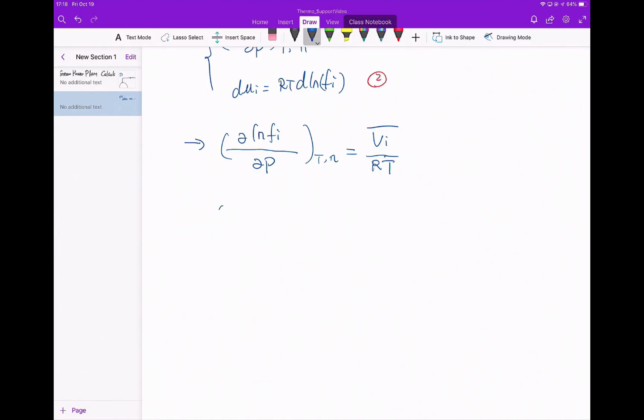So on the initial state, we call this the fugacity at that saturation pressure. This is the liquid fugacity at high pressure, d log fi. On the right hand side, we are going to have P saturation. So here is fi sat, yes, P sat, at low pressures.